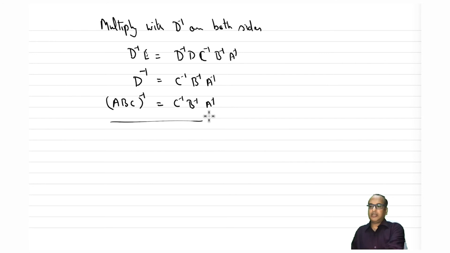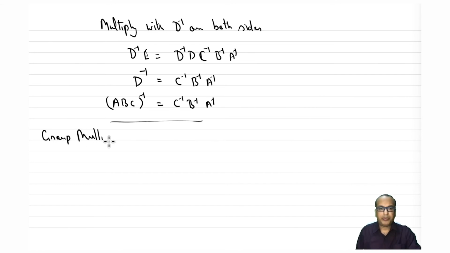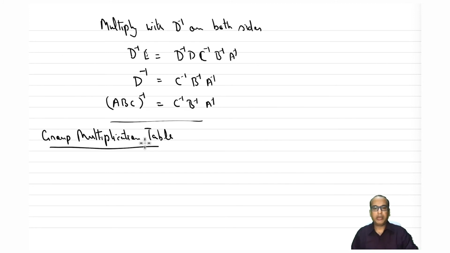So now let us go to something called group multiplication table. So why do we need to look at a group multiplication table? Basically it's also abbreviated as GMT.